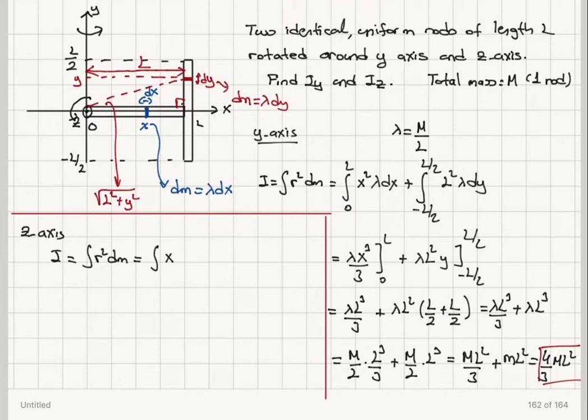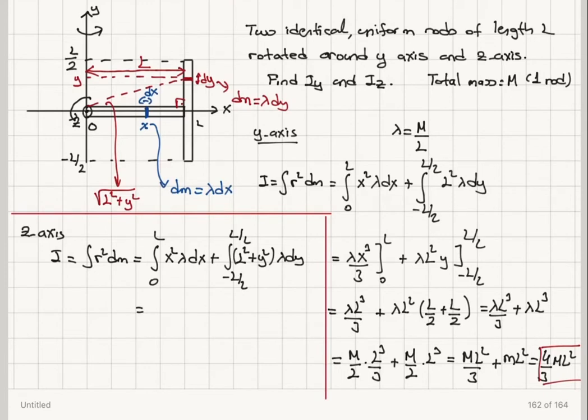For the horizontal rod there is no change. The distance to the z-axis is x, so it's x squared lambda dx. But for the other one I have the integral of r squared, which is L squared plus y squared, lambda dy. And once again this goes from minus L over 2 to plus L over 2. This goes from 0 to L.